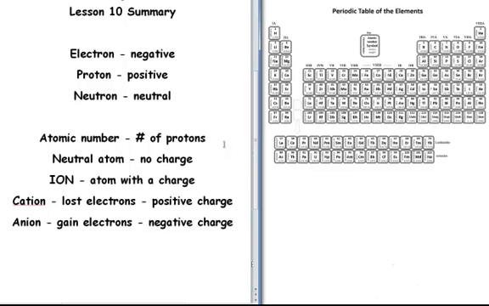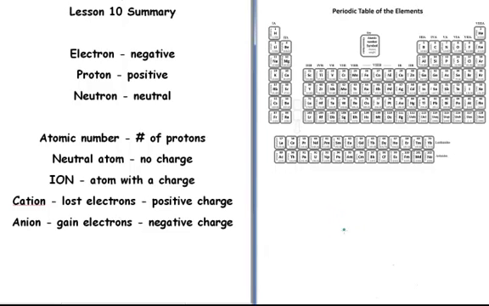So we know how to denote neutral atoms. We simply write them down like we see them on the periodic table with their element symbol. For example, magnesium we would write as Mg. However, magnesium happens to have a tendency to lose two of its electrons.